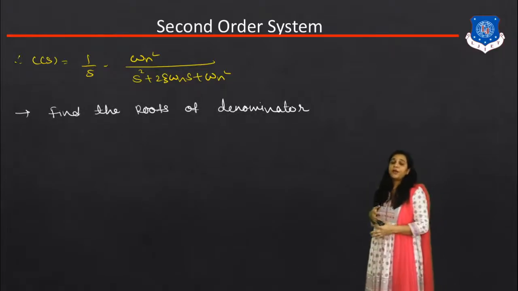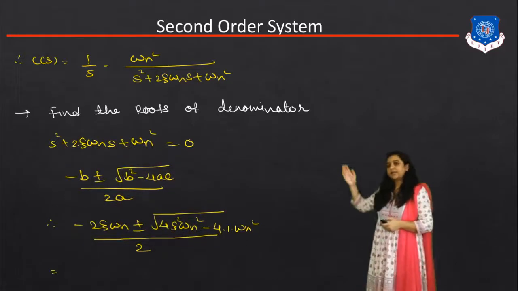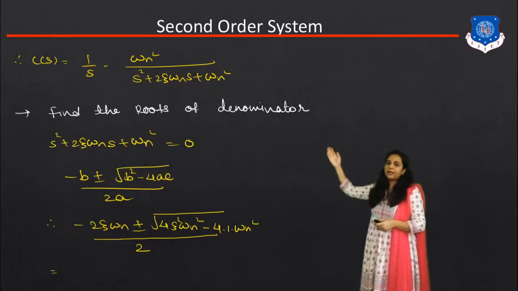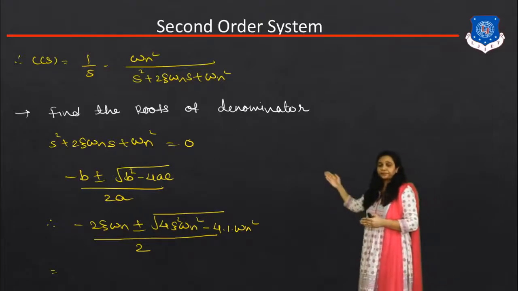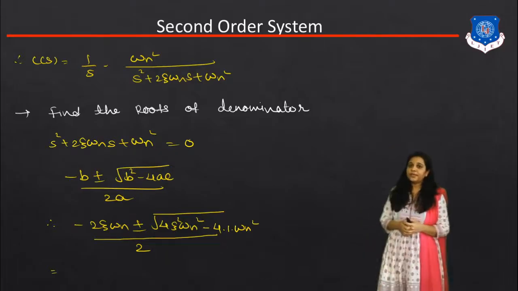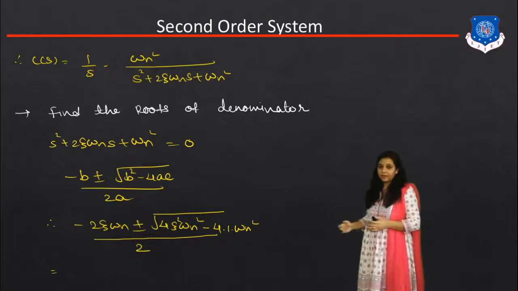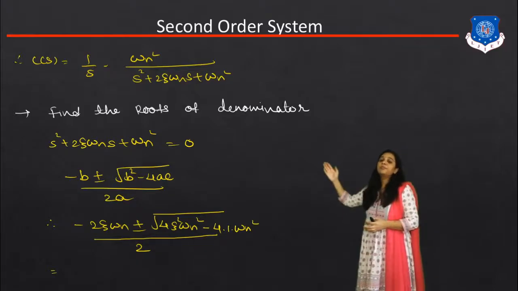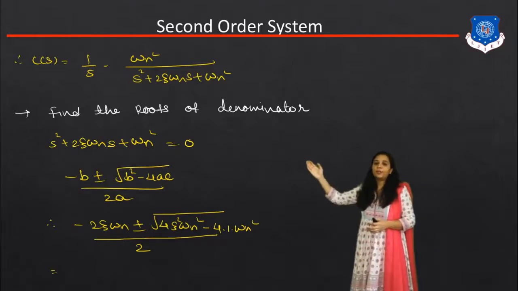Now we have to find the roots of the denominator term, s square plus 2 zeta omega n s plus omega n square. Apply the equation minus b plus or minus under root of b square minus 4ac upon 2a. Put the values of a, b, c: a is equal to 1, b is equal to 2 zeta omega n and c is equal to omega n square.